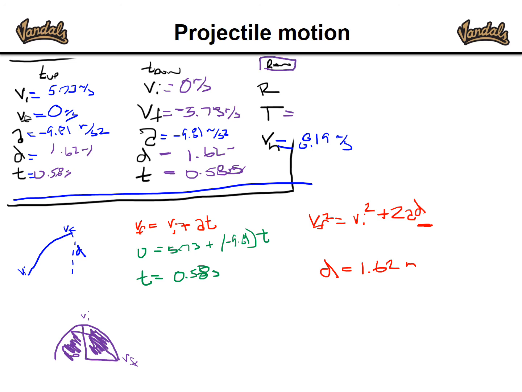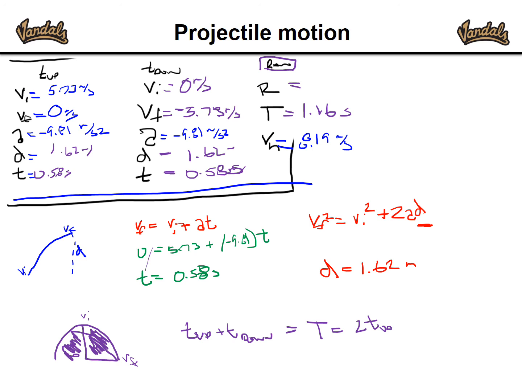So what T is for the range, now I can go to the range and figure out the horizontal. In this case, T is simply 2 delta T, because T in the range equation equals T up plus T down. In this situation, T up equals T down, so big T just equals 2 t up. So it's simply going to be 1.16 seconds.